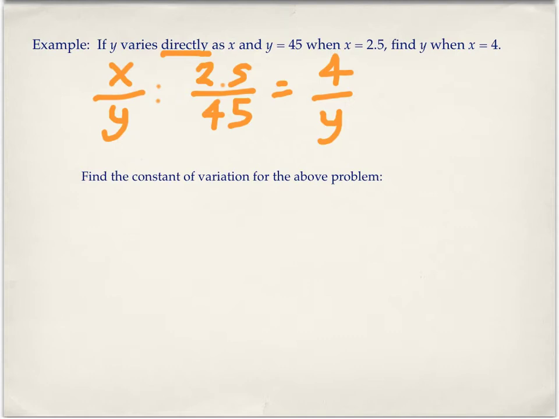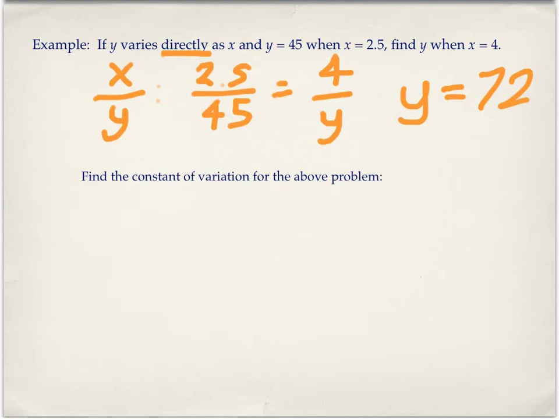So we'll do a fast proportion here: 4 times 45, cross multiplying, and then we divide by 2.5, and sure enough our answer is that y equals 72.